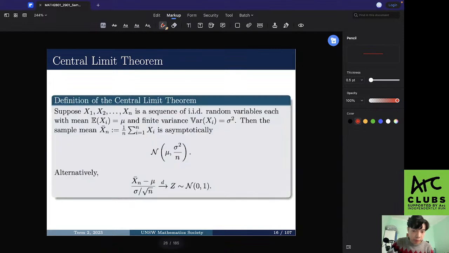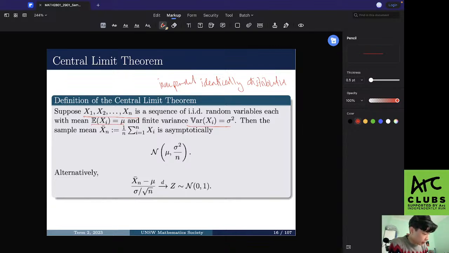So the first thing we need to know is, what is central limit theorem? Well, central limit theorem basically says if we have n random variables which are IID, independent, identically distributed, then they have a mean of mu and a variance of sigma squared.